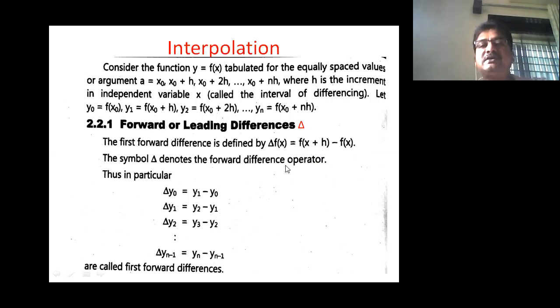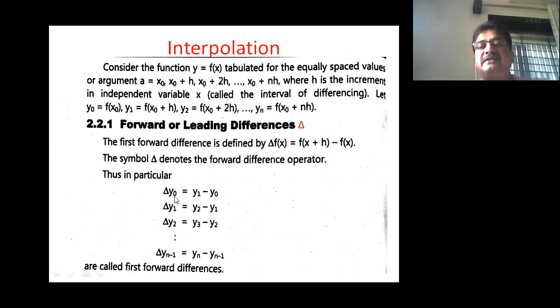So what is delta f of x plus h? Delta f of x plus h is f of x plus 2h minus f of x plus h. That is the value at the next point minus the value at the same point. In another notation, delta y naught is the value at the next point, meaning y1 minus y naught.